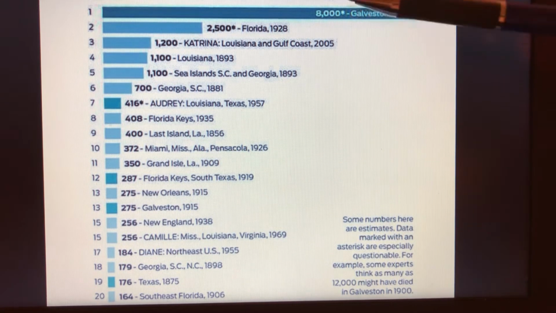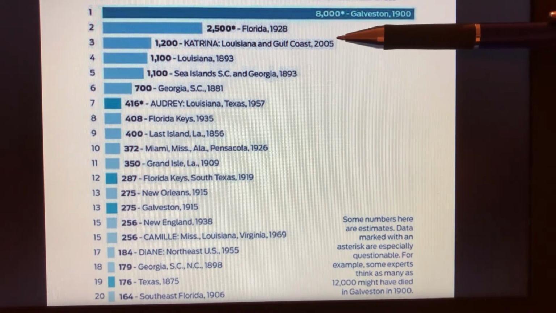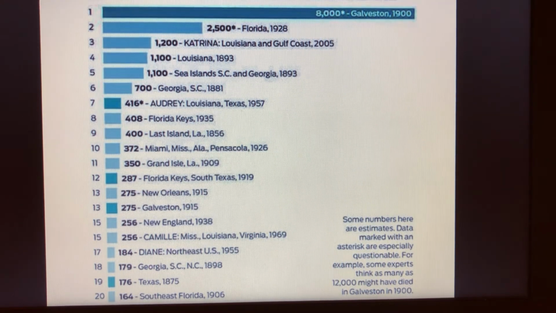The only one that's on there that's more recent is Katrina. And that has a lot to do with the fact that Louisiana is built below sea level and they didn't do much to prepare for it before it actually hit. So you can see Galveston up here in 1900, that was the most deaths of 8,000, and they think it could be almost 12,000.